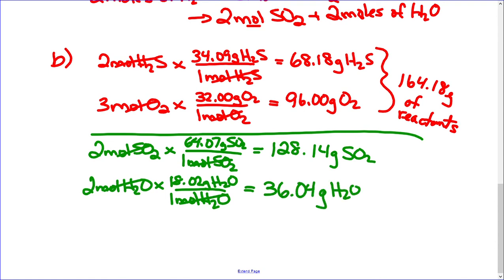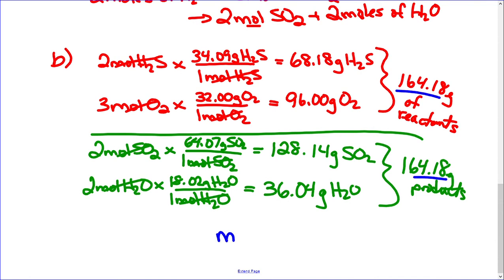And then if I take a look at this one and add these two together, then I get that same 164.18 grams of products. Okay, and then we can see back and forth as like a final statement, because I had the same value at 164.18 for each of them, that mass is conserved.